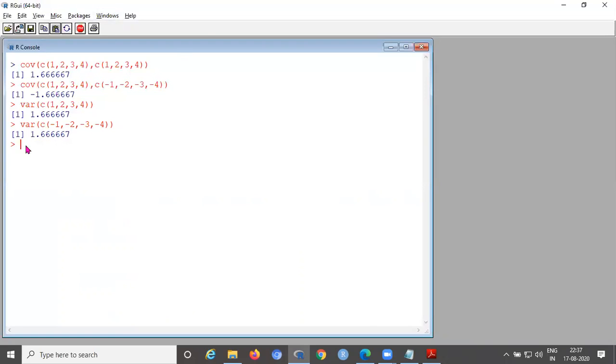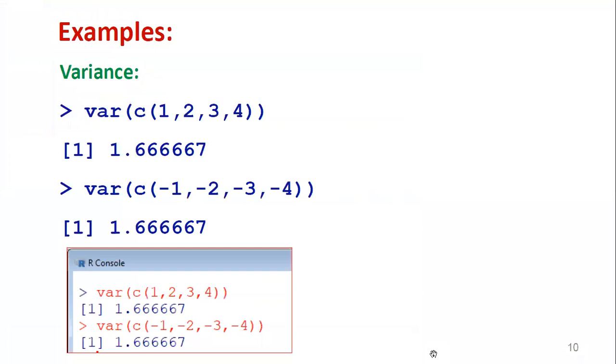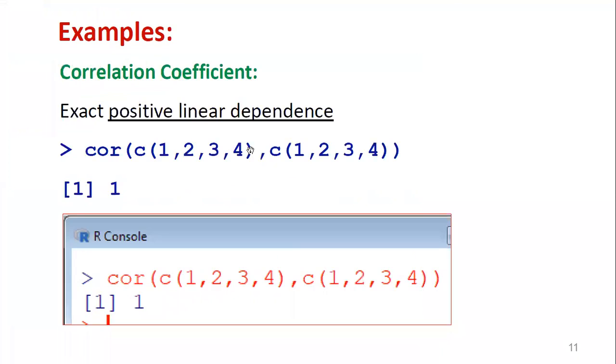Using these two values, now we will calculate the correlation coefficient. Here we have the first category, exact positive linear dependence. So here we are taking two positive vectors, correlation of c of 1, 2, 3, 4, comma c of 1, 2, 3, 4, which gives the positive constant.